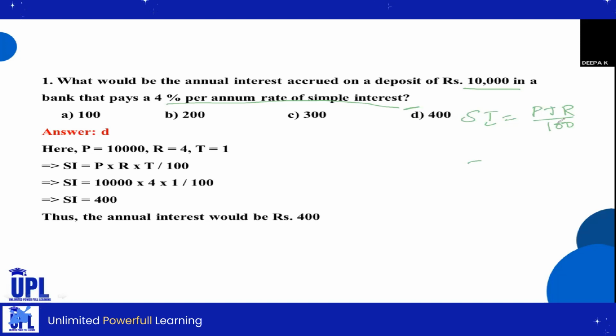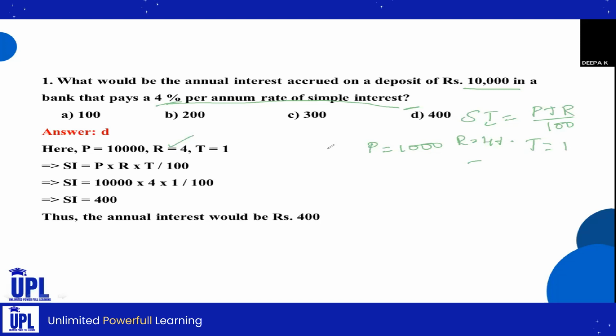So first we should write what is given. A deposit, that means the principal amount, is equal to 10,000. The rate of interest is 4%, so R is equal to 4%. And time will be annual, so annual is nothing but 1 year, so T is equal to 1.